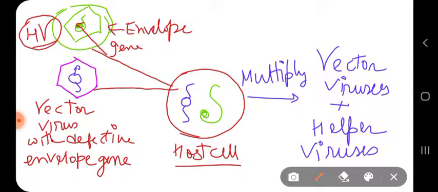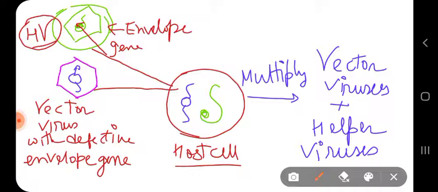Okay, so with a unique technique, with the help of the vector virus. This is actually why we name it vector virus, because within that vector virus we will introduce our gene of interest. But as it has a pathogenic part, we have to remove the capsid and the envelope which is targeted for the host cell, but we are not using that.